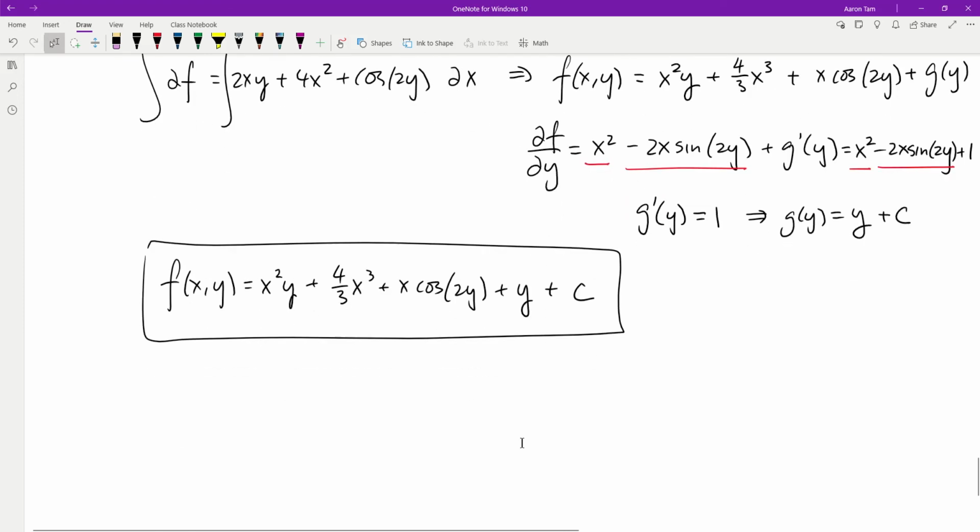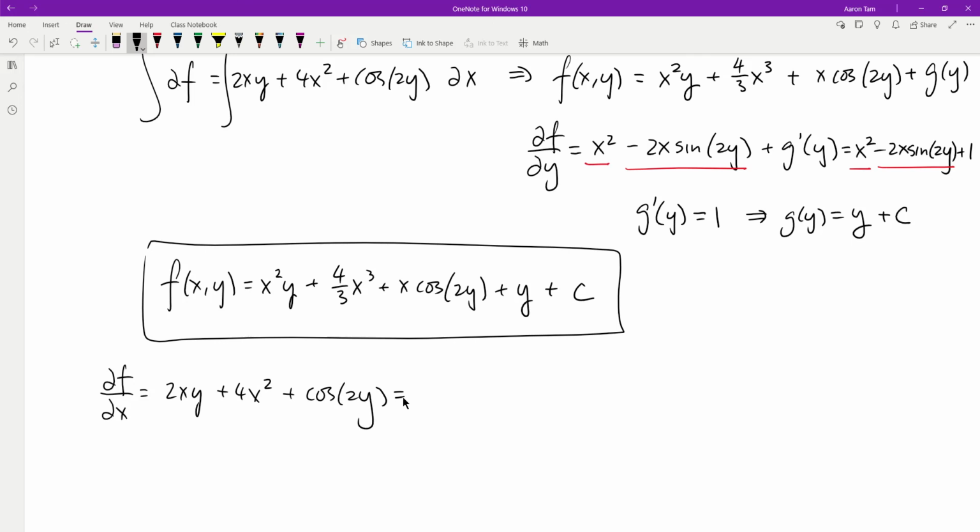And it shouldn't be too hard to do a quick check. If I take the derivative with respect to x, I get 2xy plus 4x squared plus cosine 2y, which, if I'm not mistaken, is exactly what f1 is. So that checks out.